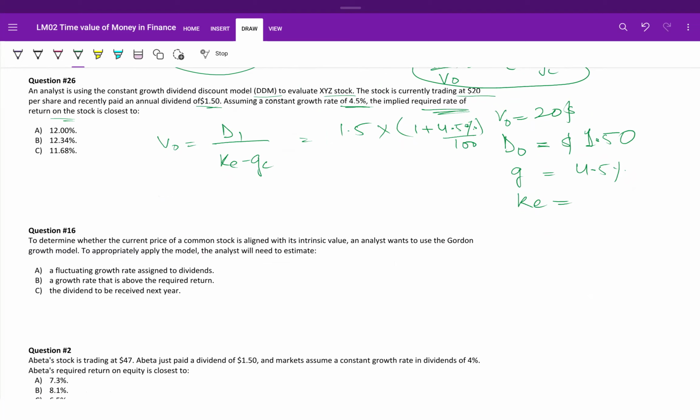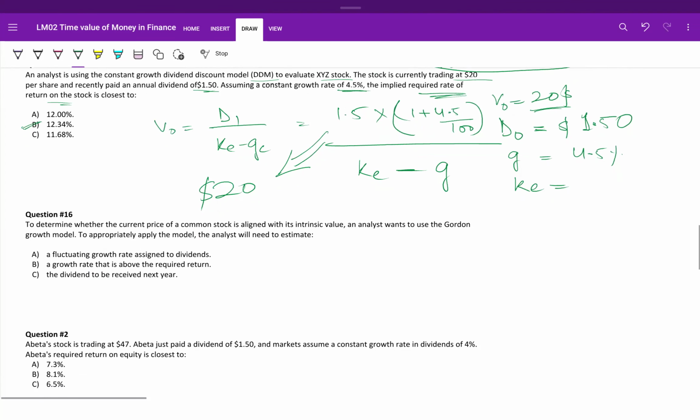Don't use both percentage and 100. So divide this by 100 first, then divide it by KE minus G. This whole equation is going to be equal to $20. Solve this, and the answer is 12.34, and the rest of the questions we will do next day.